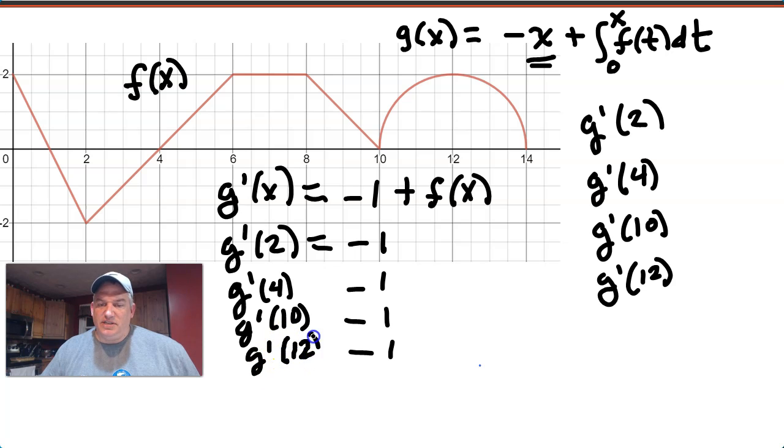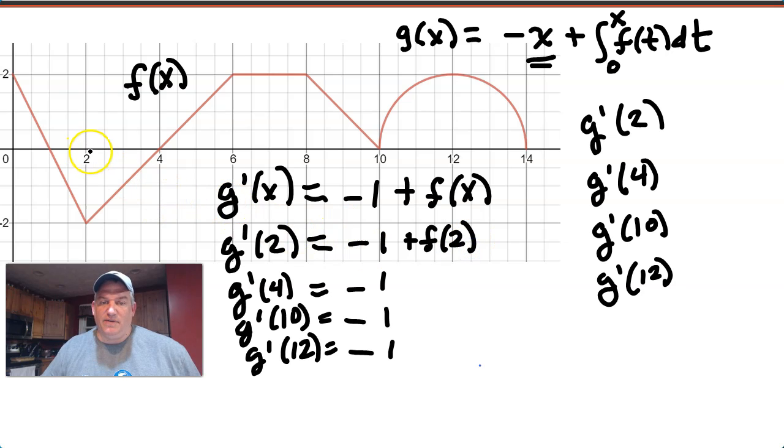All of these will have a negative 1 to start, because it's part of the rule: negative 1 plus the function value. So it's actually going to be negative 1 plus f of 2. We'll do it this one time here.